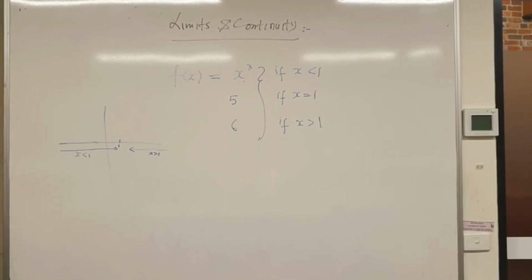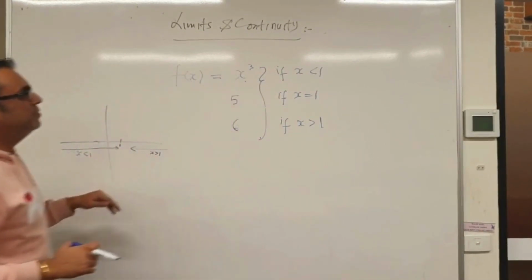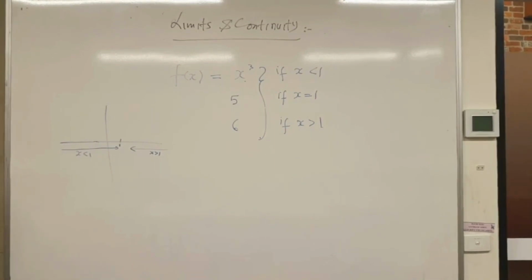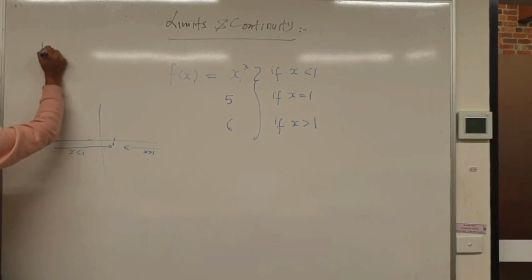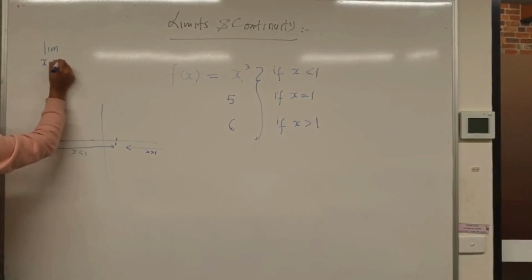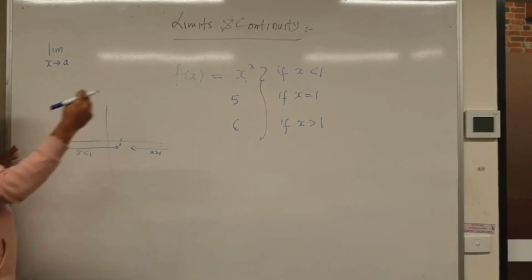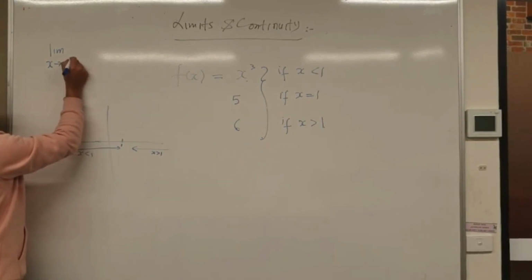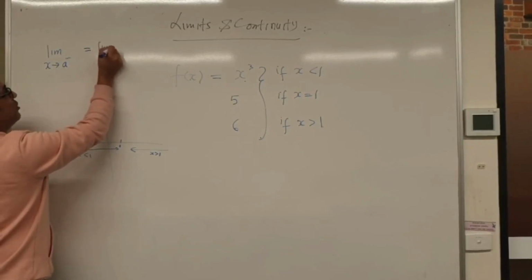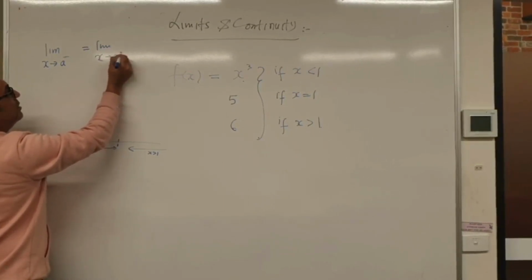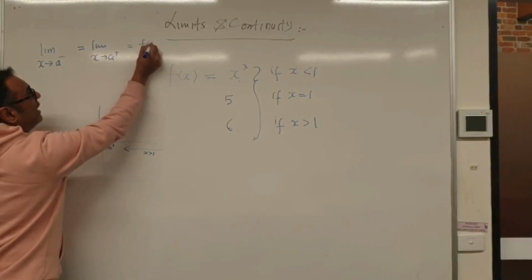5. Now, remember, for continuity, I'm writing a, where I'm checking the continuity. Your left limit should be equal to your right limit, which should be equal to f of a.